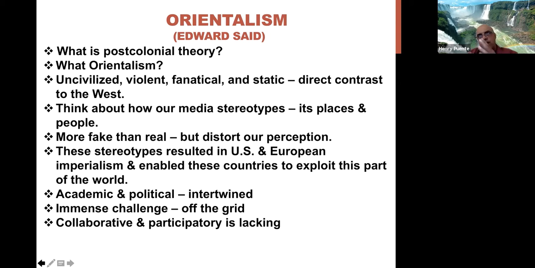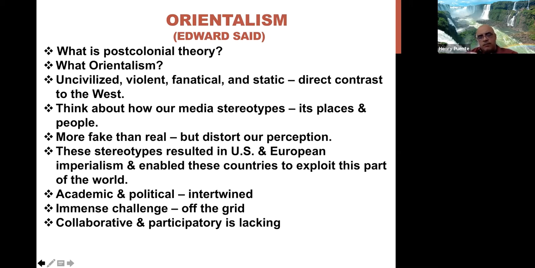In other words, they're not in these cities that generate a lot of media content, right? Because they're off the beaten path, it's difficult for them to produce their own media content that's going to contest the dominant narratives that are already out there about this part of the world. And so that's an immense challenge moving forward.